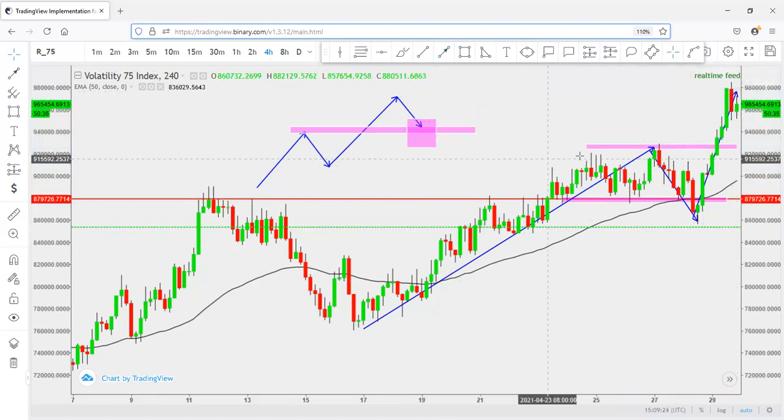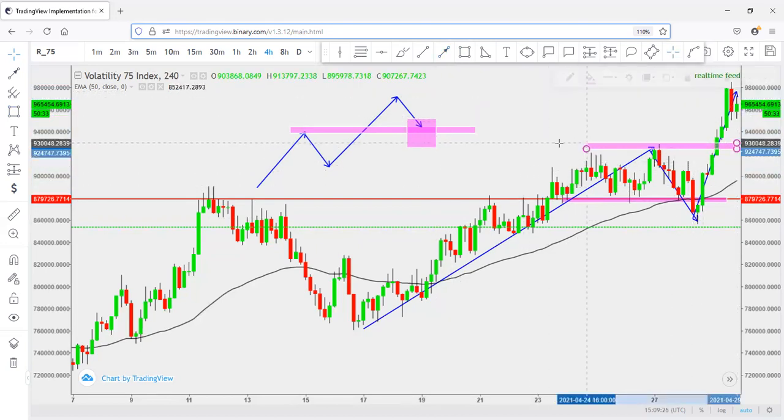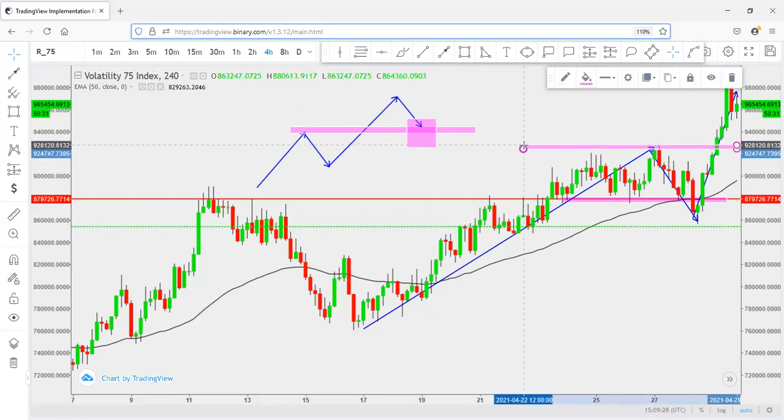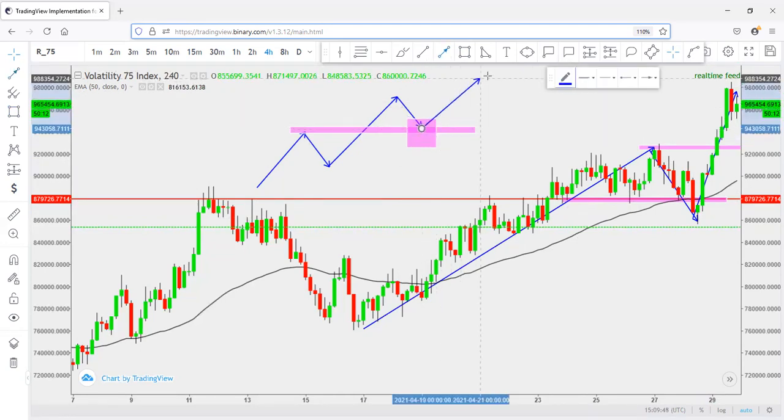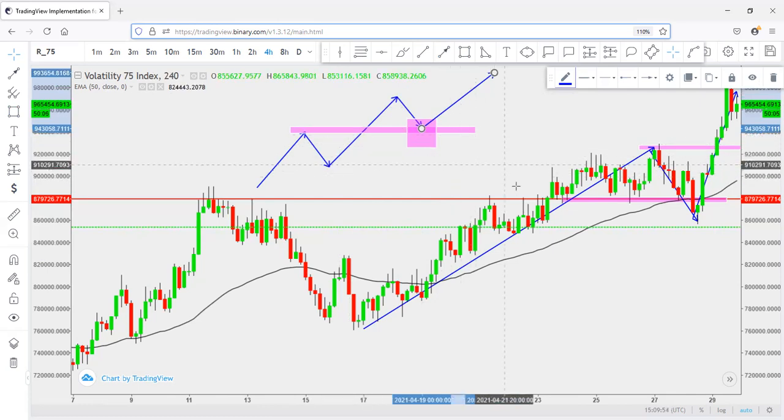And as we have discussed, all we have to do is wait for this price to push back to this zone to retest it. Then at this zone after retesting, that is where we will look for a buy continuation entry. Because after price comes back to retest, you look for a bullish candlestick pattern and then look for your entry to the continuation to the upside based on the trend.